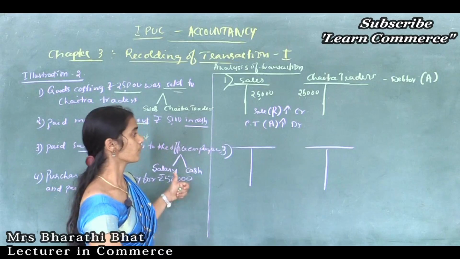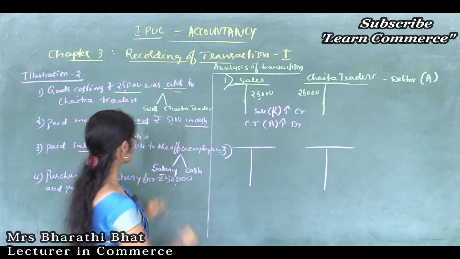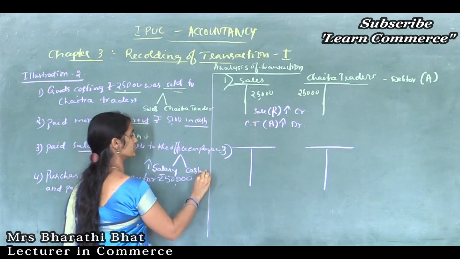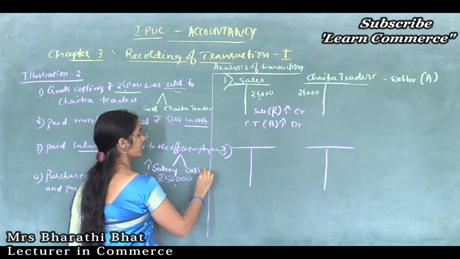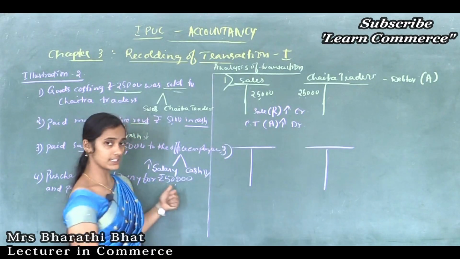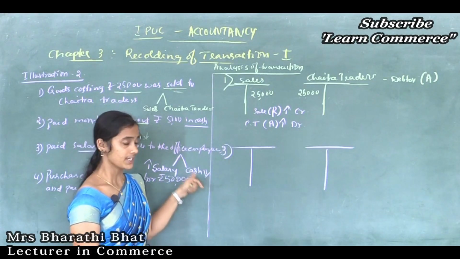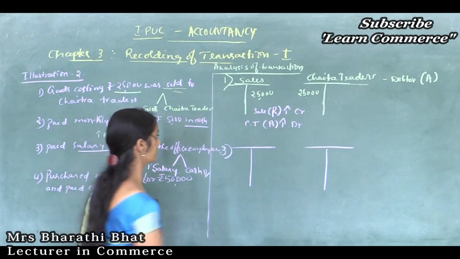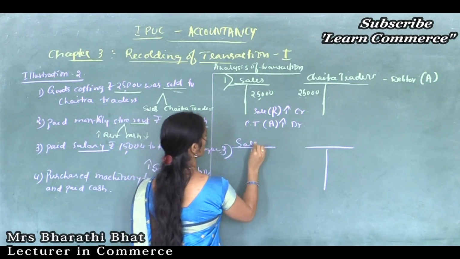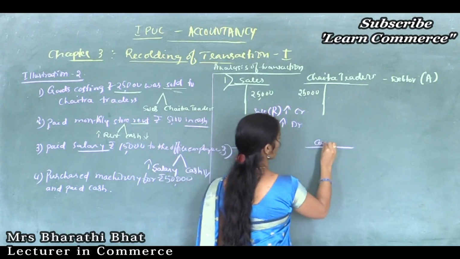One is salary, which is expense, and cash is asset. Expenses increase, asset decreases. Increases in expense is to be debited. So salary account and one more is cash account.